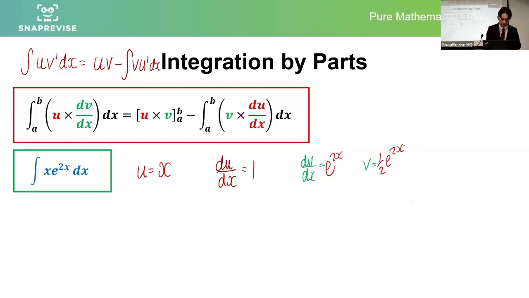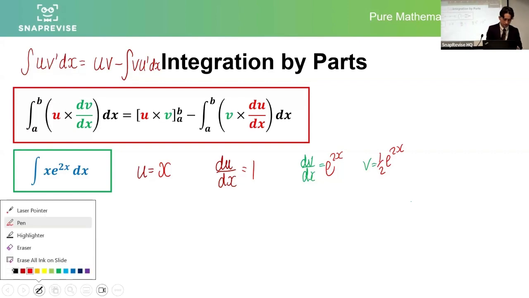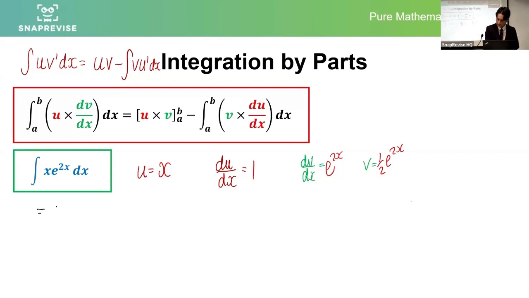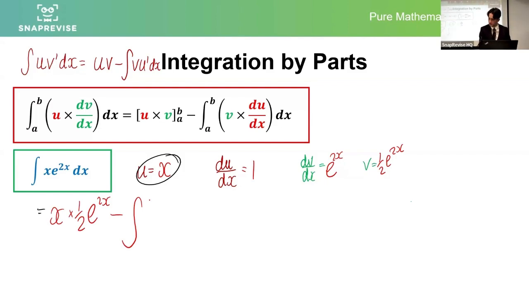Now, if we sub it into this formula, then what we're going to get is x times a half e to the 2x minus the integral of the other way round, which will be 1 times a half e to the 2x with respect to x.